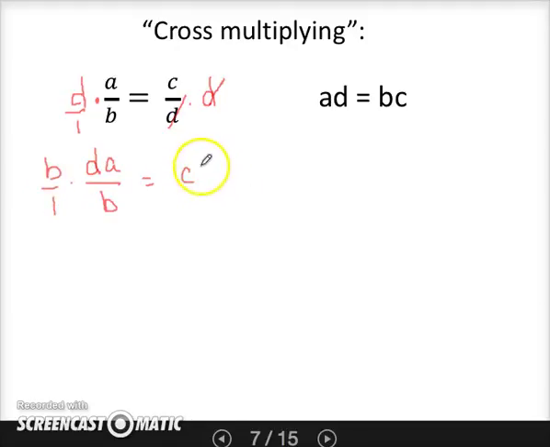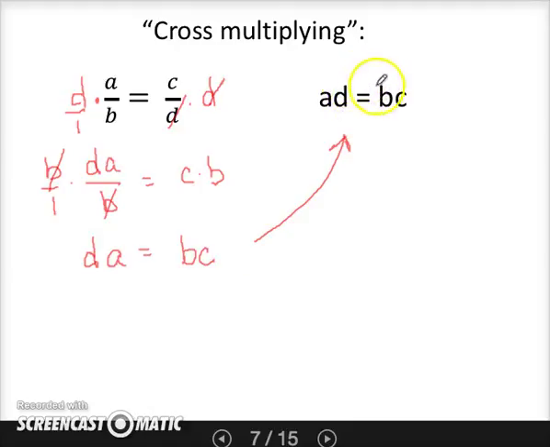So I have C times B over here. Now this B is going to cancel, and I have DA over 1, which is just the same as saying DA equals CB, which is the same as BC. So you can see that the math works out to turn into this equation over here.